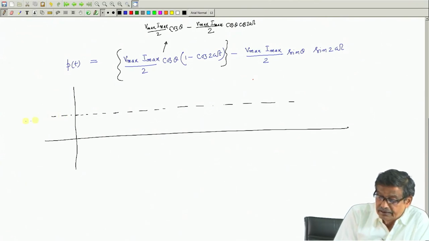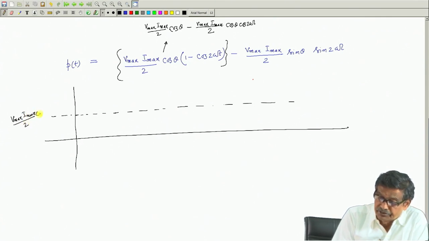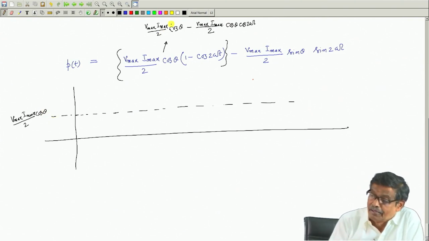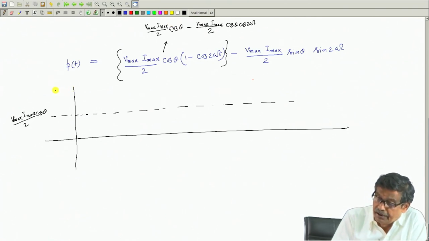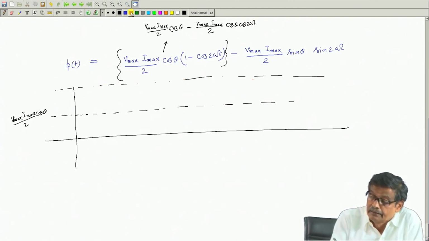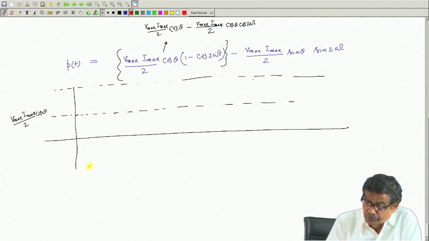So, I have to add to get this component, this is the DC component. Suppose this level is V max I max by 2 cos theta, this is a constant number. Then to this I have to add a cosine 2 omega t term with a negative peak value. So, it will be just like this. The sum of this and a negative cosine value will then go like this.